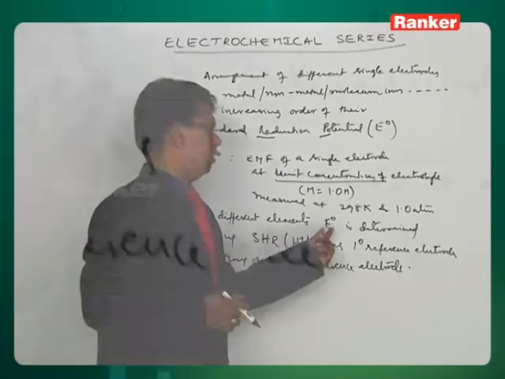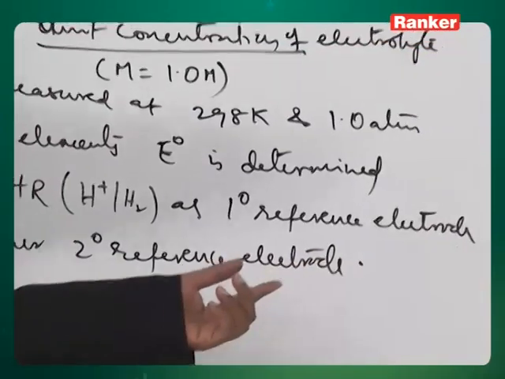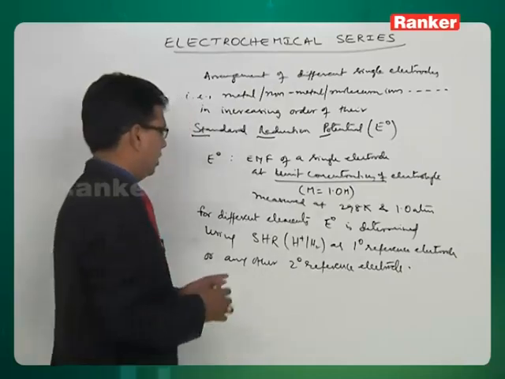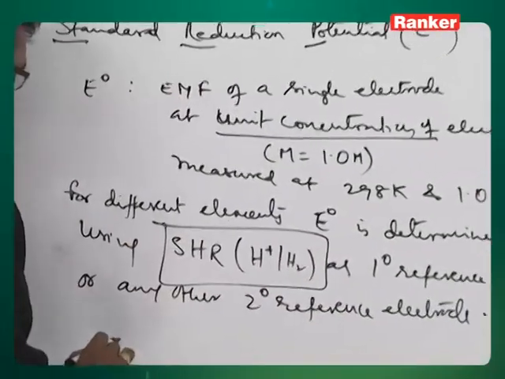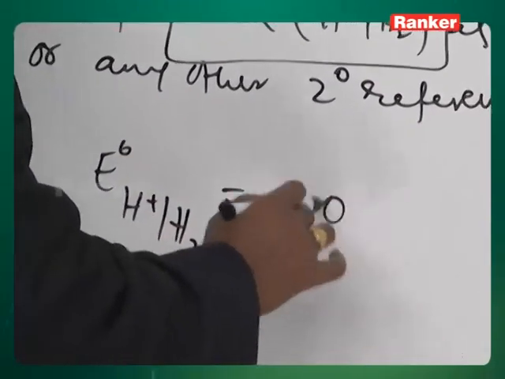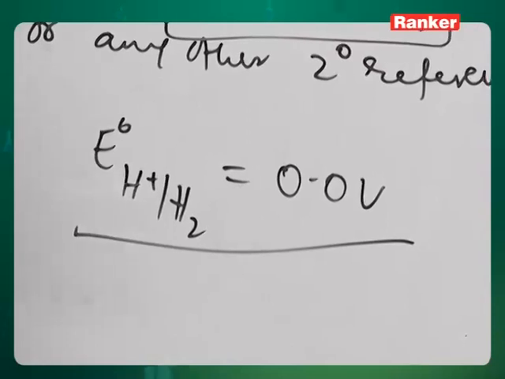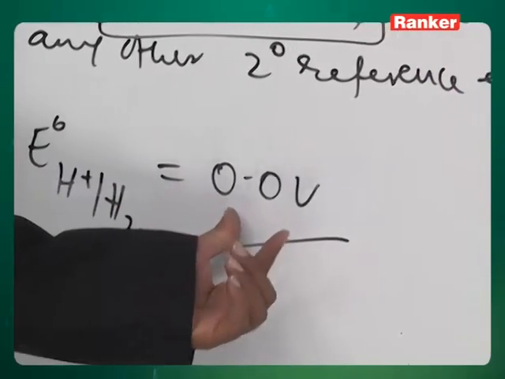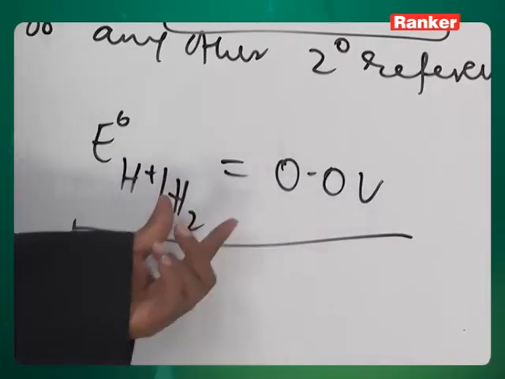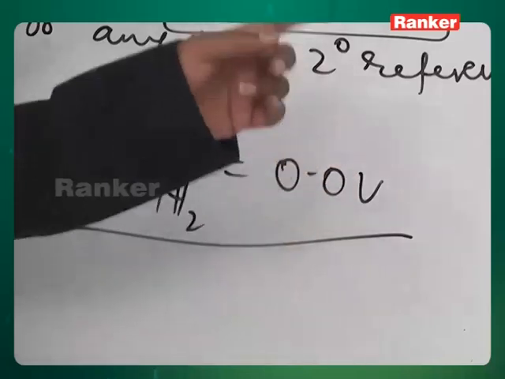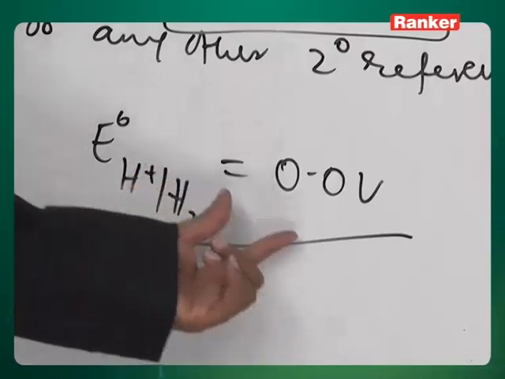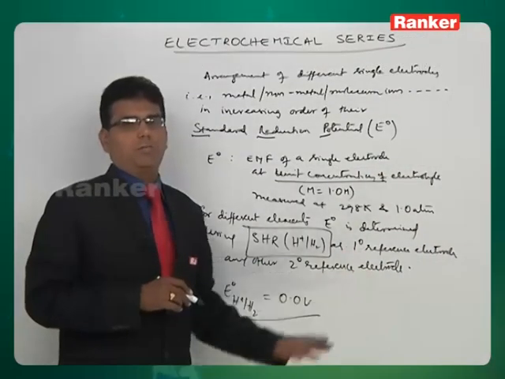But the standard E naught values for all the elements are determined by using the primary reference electrode, that is the standard hydrogen electrode. So, the E naught value of H plus to H2 is always taken as 0.0 volts. Being moderately electronegative, neither highly electronegative nor least electronegative, it is taken as the reference and its EMF is considered as 0. Using this, the E naught values of all other elements have been determined.